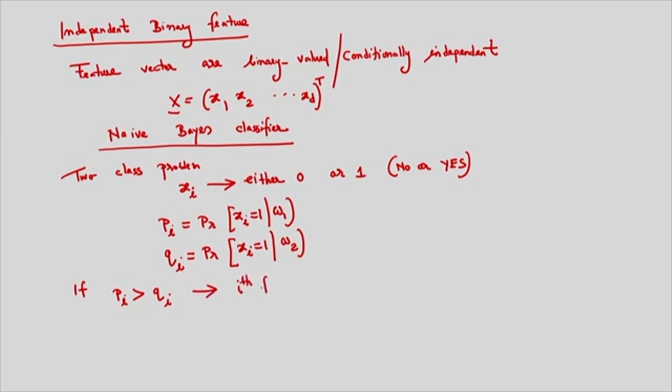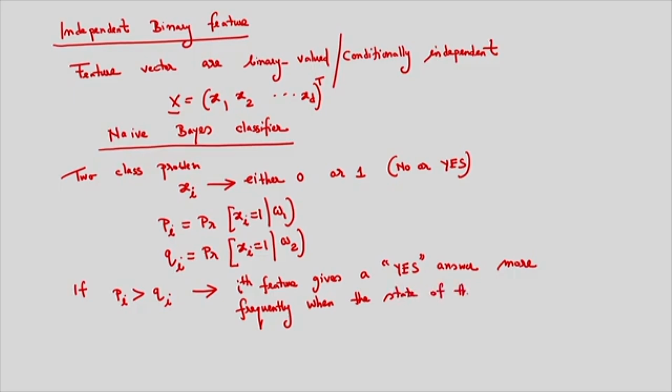The ith feature gives a yes answer more frequently when the state of nature is omega 1, compared to when it is omega 2.